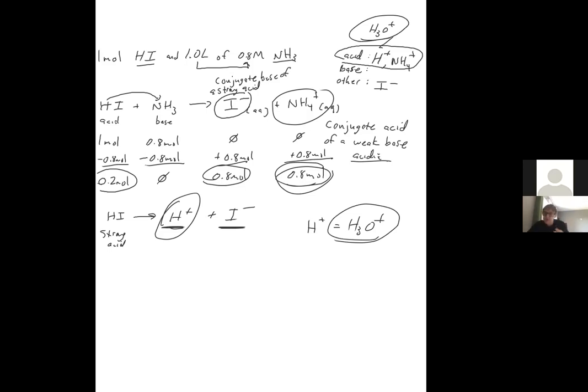The second part is a little more involved because it's got an extra species there. Okay, so this one, you have 0.43 moles of HNO3, strong acid, and 1 liter of 1.2 molar NH3 and NH4Br.